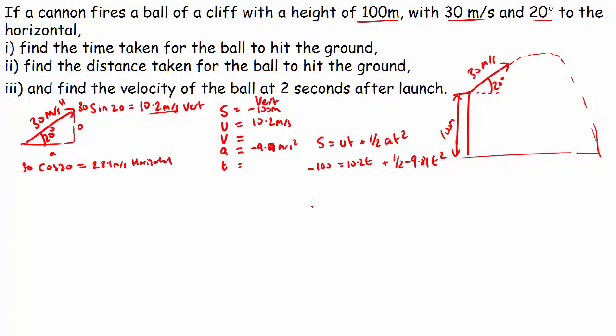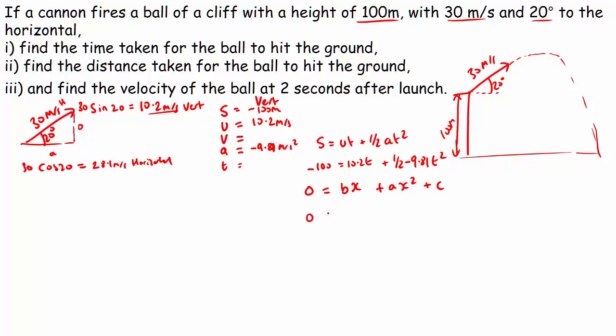So if you get your quadratic equation, as you'd look it up in a textbook, or if you're like me and you've forgotten these things, you have to look it up online. Okay, so I need to get this equation to look like this equation. So all I need to do is add 100 to both sides, and I can just chunk this down, simplify it.